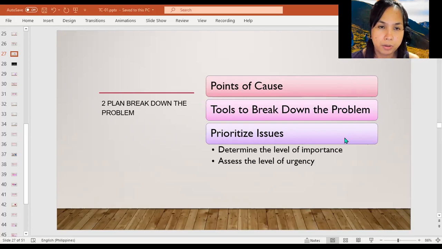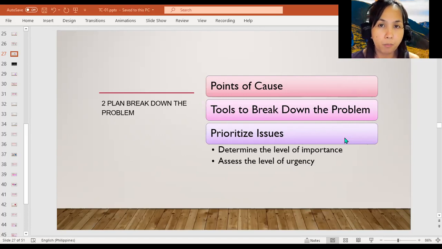Okay, and then next, we also must assess the level of urgency by asking questions such as, who does this problem affect? And does it affect the company's key performance metrics? And then finally, we must assess the potential for expansion by asking questions such as, what will happen if we ignore this problem? What could go wrong?